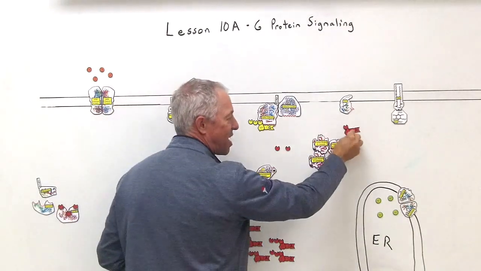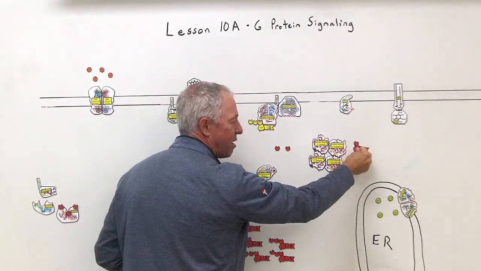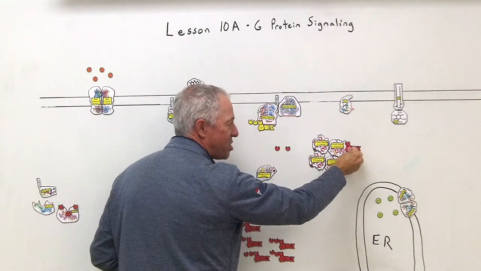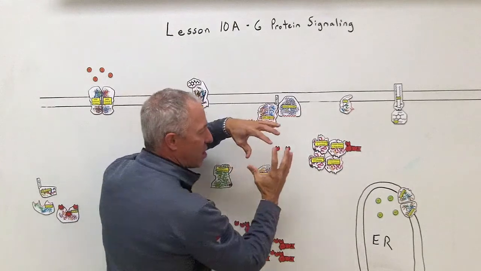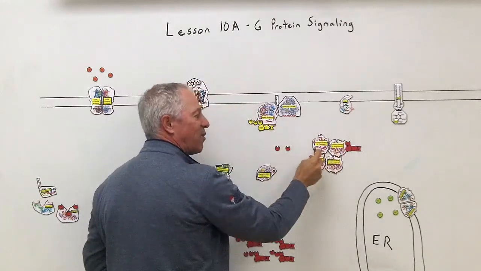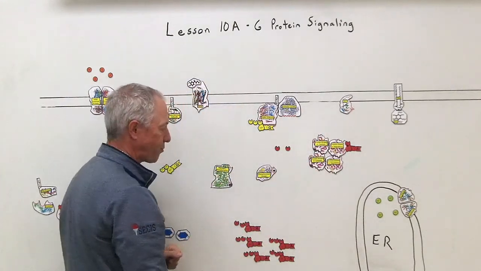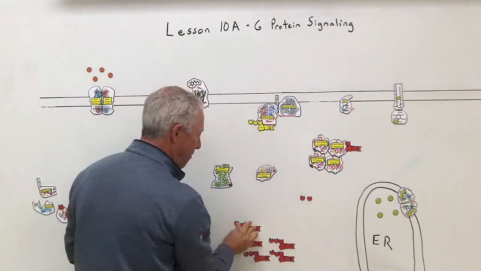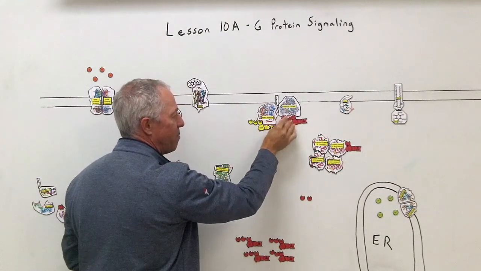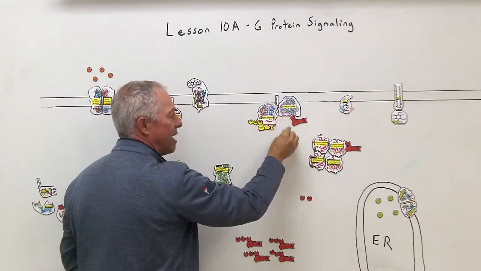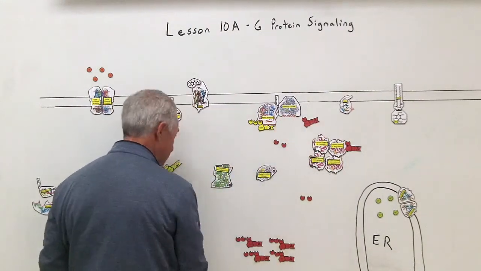In this case, the cyclic AMP molecule comes over here and binds to protein kinase A, which is a large protein that actually has 4 subunits. We'll need several ATPs to be broken down into cyclic AMPs.